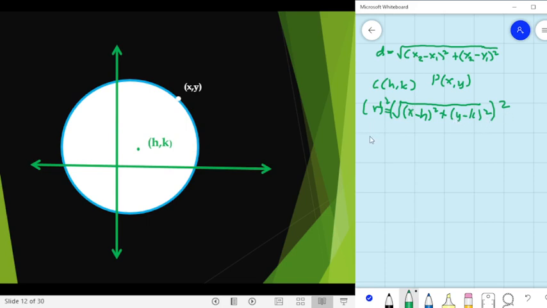So that's why we are now simplifying the left side to r squared, and the right side becomes the quantity x minus h, squared, plus the quantity y minus k, squared, which now represents the equation of the circle, the standard form of the equation.